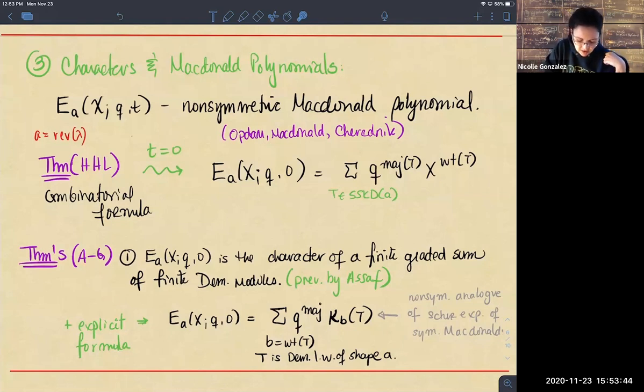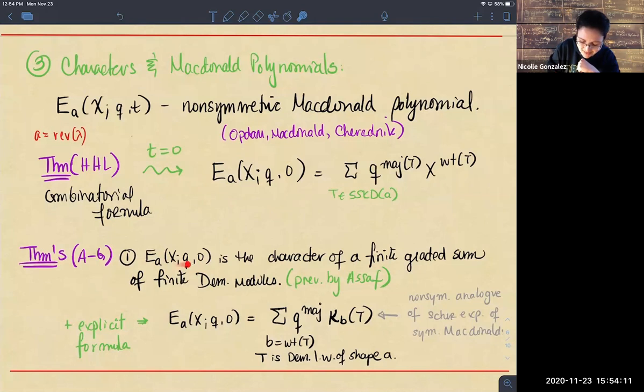This is a theorem due to Assaf and myself as well, which basically tells you that these specialized nonsymmetric Macdonald polynomials are characters of a finite graded sum of Demazure crystals. I'll do an example, and that statement will make a lot more sense. This was previously known by Assaf. She proved it using something else. But the key point here is that we actually got an explicit formula for that expansion.